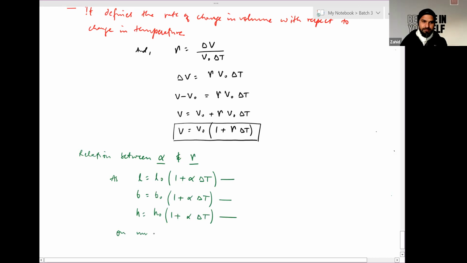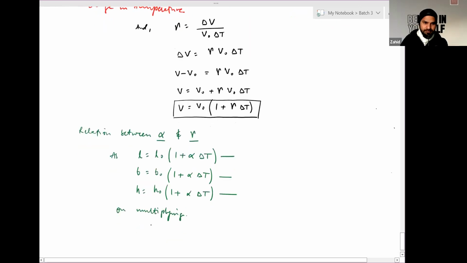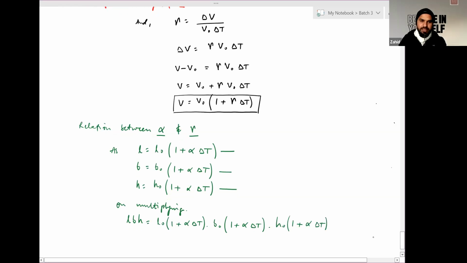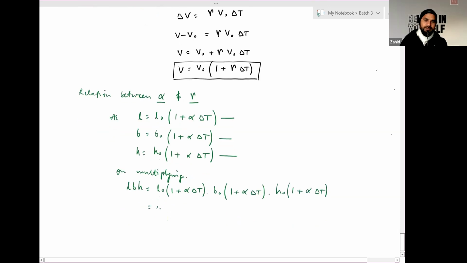Length times breadth times height equals L naught times 1 plus alpha delta t, b naught times 1 plus alpha delta t, h naught times 1 plus alpha delta t. Simplifying, L naught B naught H naught times 1 plus alpha delta t, three times, so 1 plus alpha delta t raised to 3.